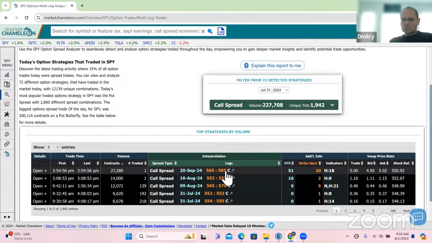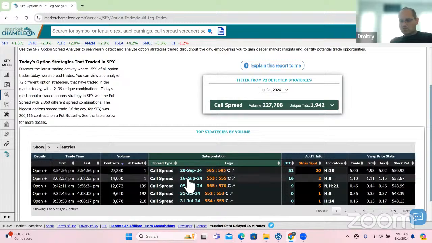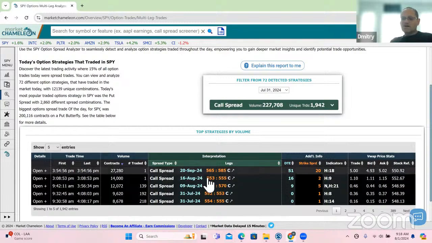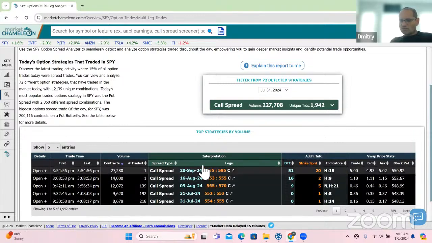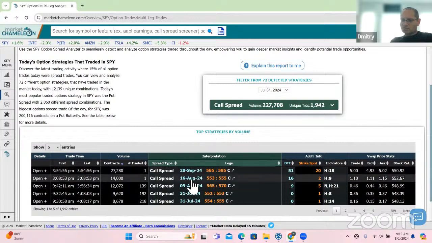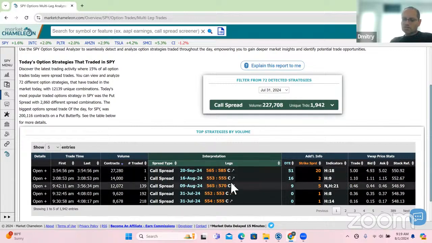Beneath it, we have a call spread, August 16th, 553, 555 strikes. You can see those are two different spreads. They're different expirations, different strikes. That's two different types of spreads.